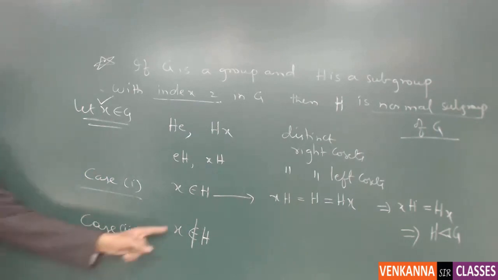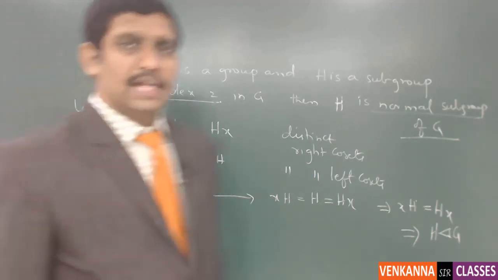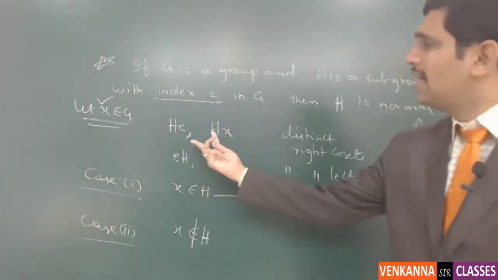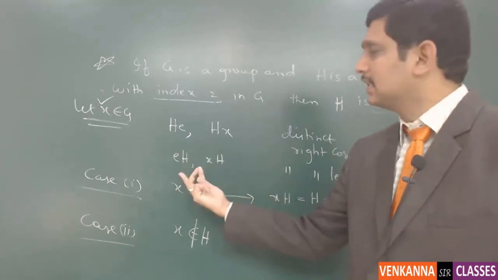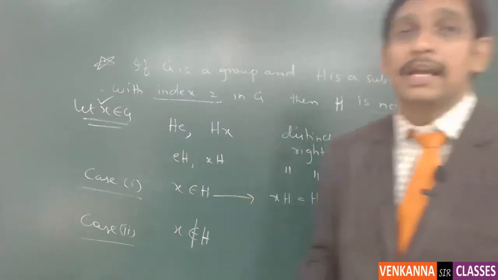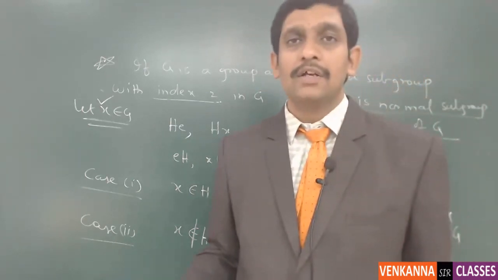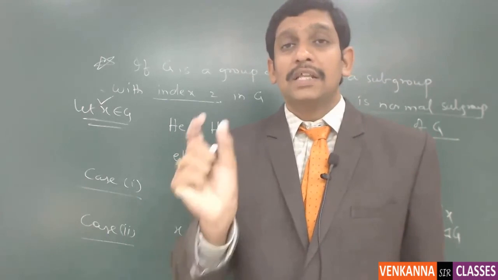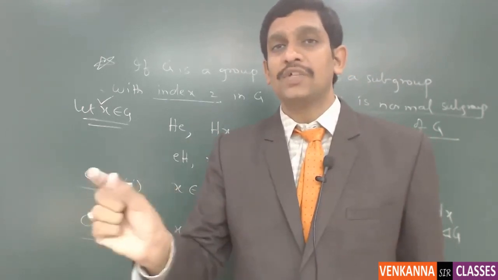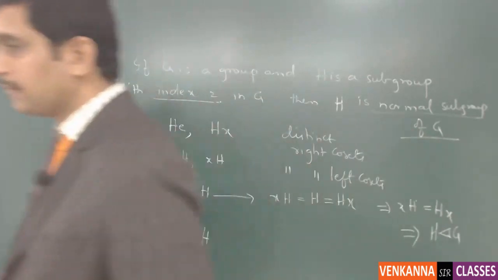Now you take the second case, X is outside of H. Now what happens? As we know, these are the only distinct right cosets, and these are the only distinct left cosets. And as per our observation on cosets, if you consider the union of distinct cosets, it is giving the whole group G. Agree?